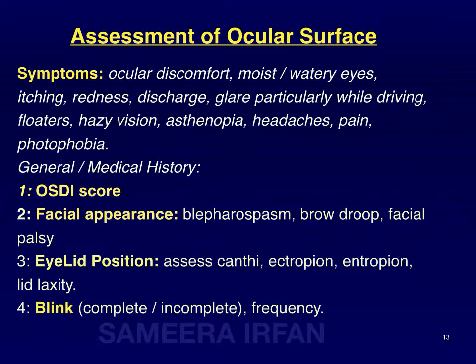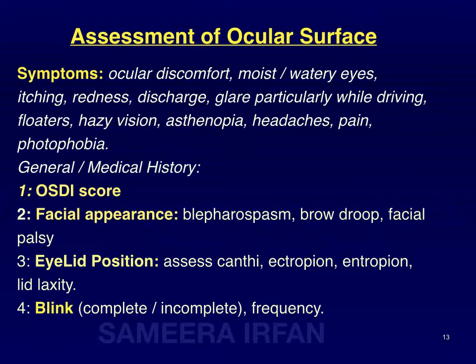A detailed medical history of autoimmune diseases like rheumatoid arthritis, SLE, Sjogren's syndrome, and then diabetes. They are important causes of dry eyes. They not only affect the production of aqueous but also of meibomian gland secretion in these patients.